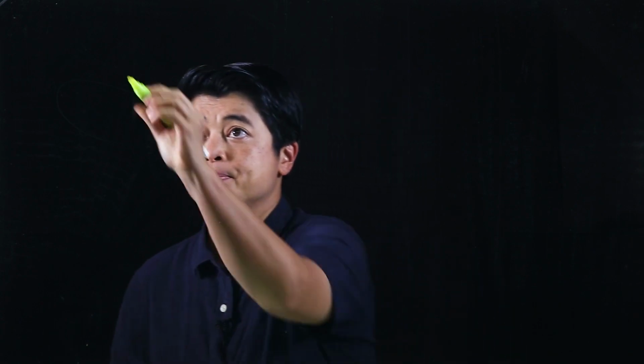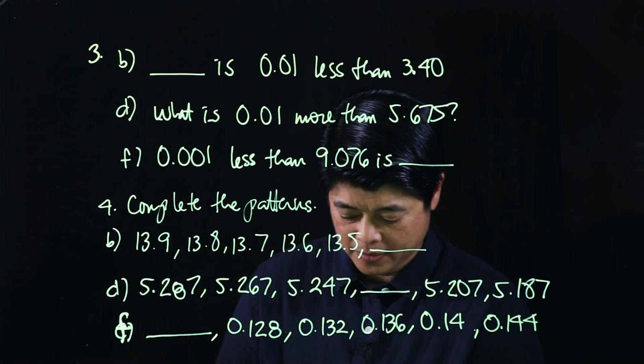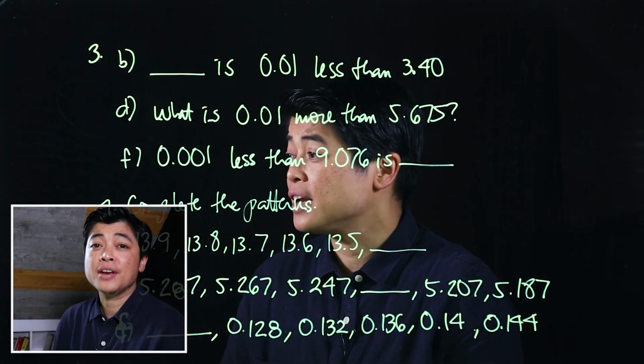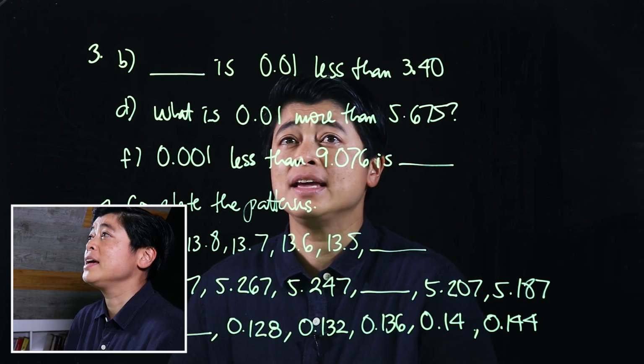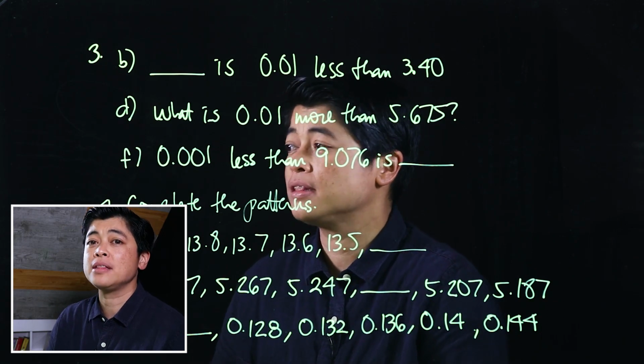Continuing on to page 76, we will do 2 more problems. Looking at problem number 3, letter B, the first question says, blank is 0.01 less than 3.4.